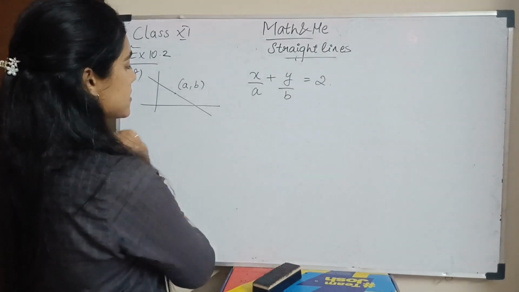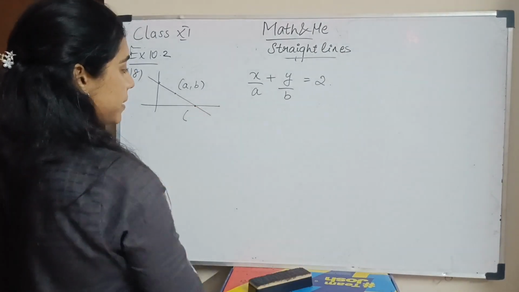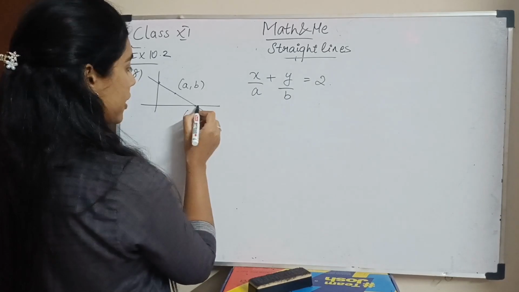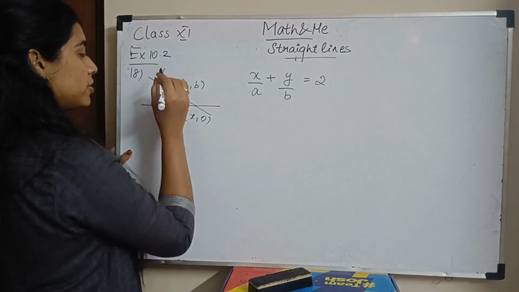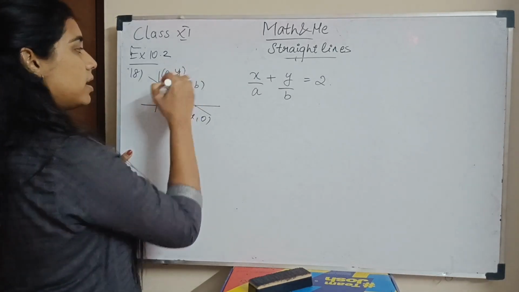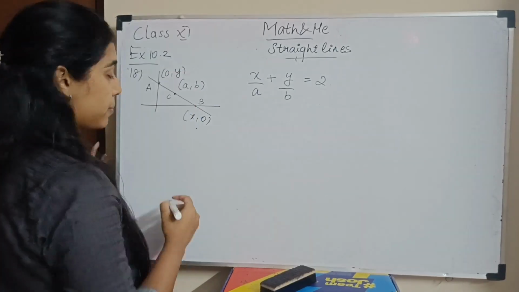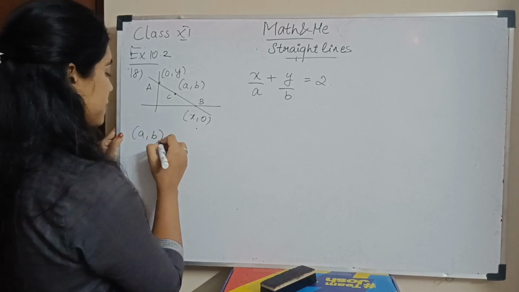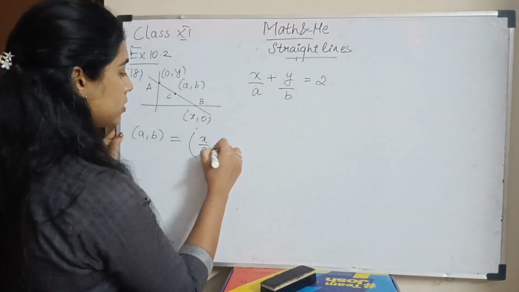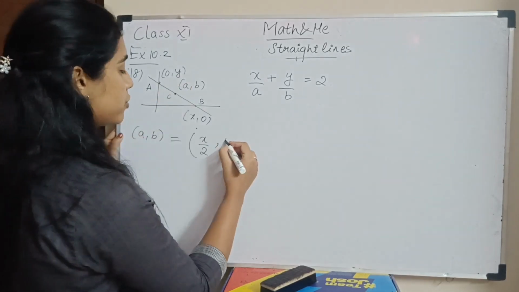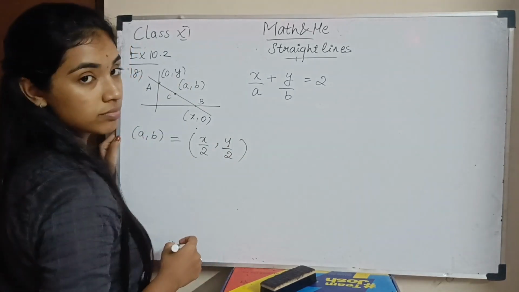So since this is the midpoint, let this point be here. We have the value of x and y is 0. So we have x comma 0 and here you have 0 comma y. By using the midpoint form, the coordinate of C is x1 plus x2 by 2, y1 plus y2 by 2.